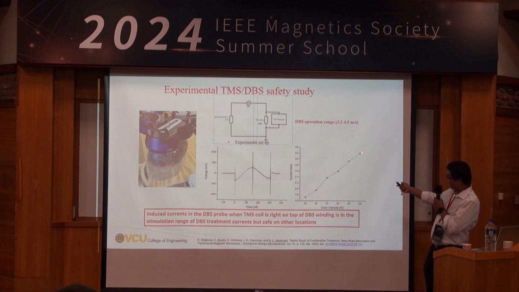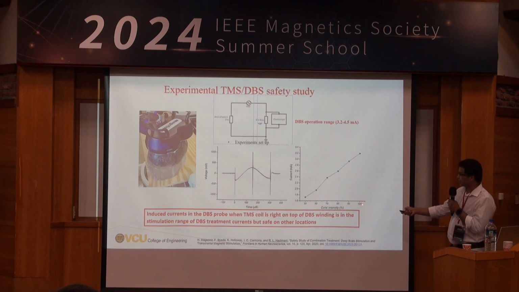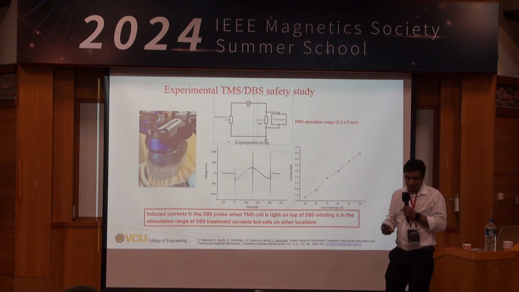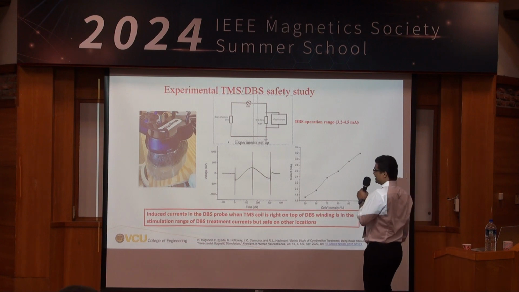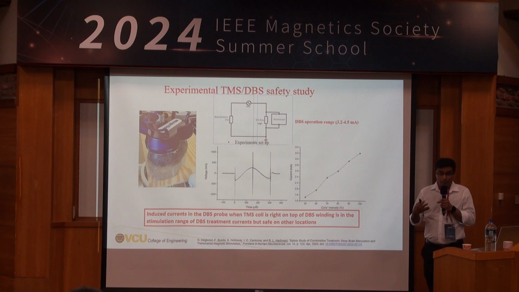So you have about 3 milliamps at 100% intensity, which is 5000 amps in the stimulator. So at the 100% stimulator output, the 3 milliamps is similar to what they use for stimulating the STN area. So at 100%, at most what you do is you stimulate STN.